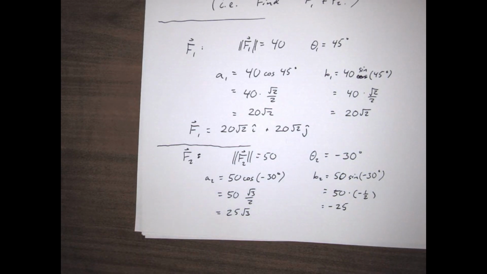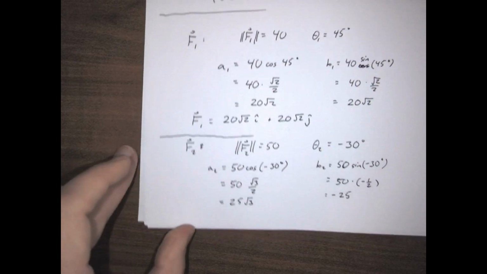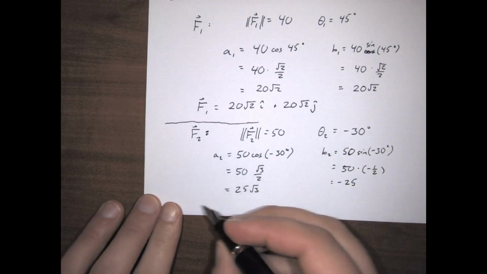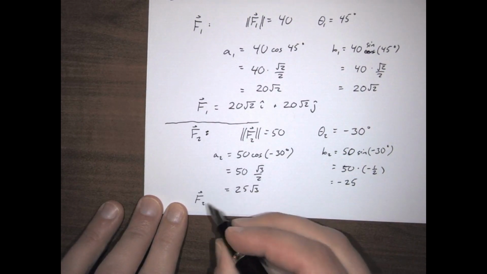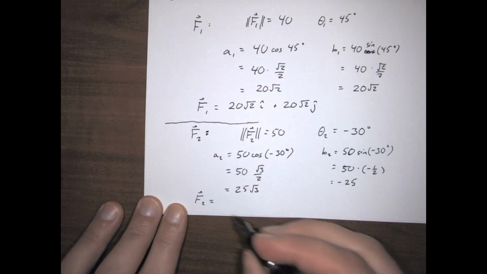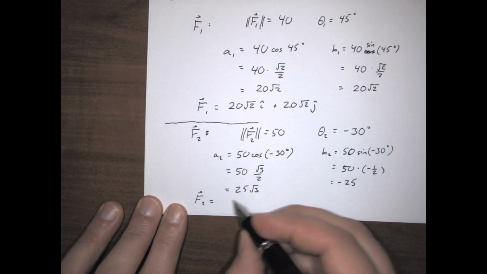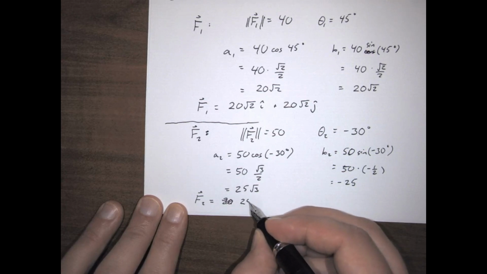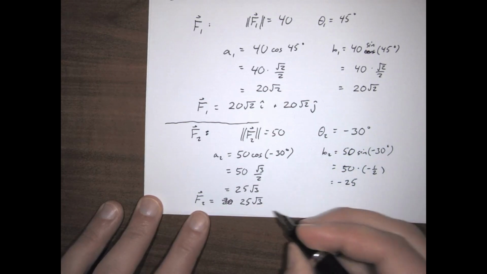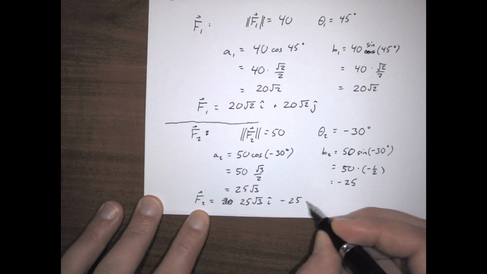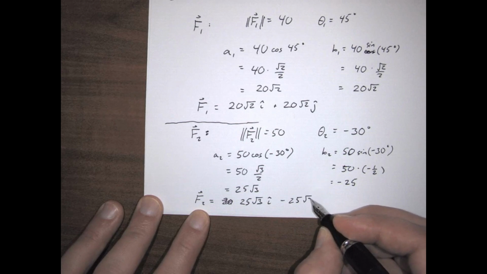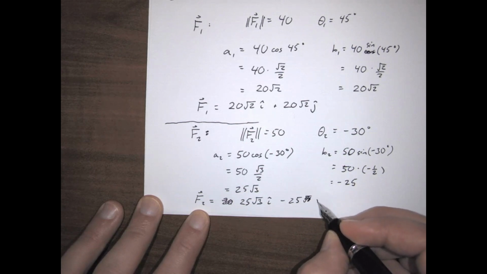So the horizontal components here are both positive, which means they're going to be adding together. And the vertical components are opposite, which means they will be canceling each other out to some extent. So F2 is 25 root 3 i minus 25 j.